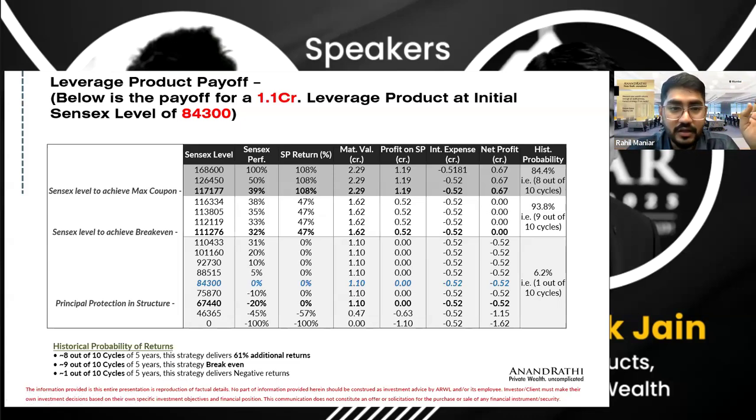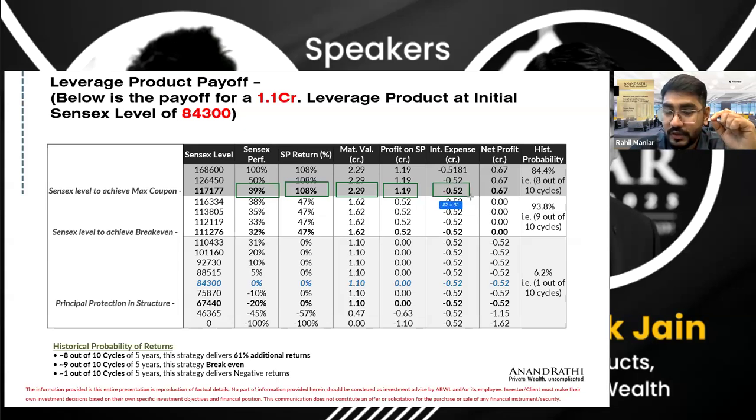What is the condition? The condition is that in the next 5 years, if the market grows by 39% absolute, the product delivers a return of 108%, which means 1.1 crore invested will become 2.29 crores. You repay back the principal, you're left with 1.19 crores. That's the profit from the structures, pure profit. But since you had borrowed that 1.1, there was a cost attached to it.